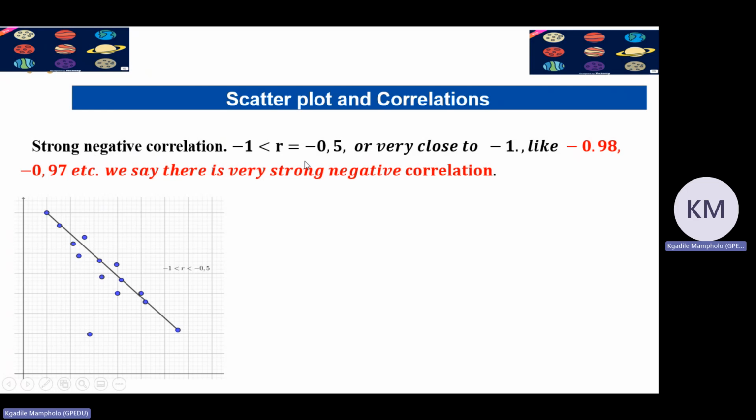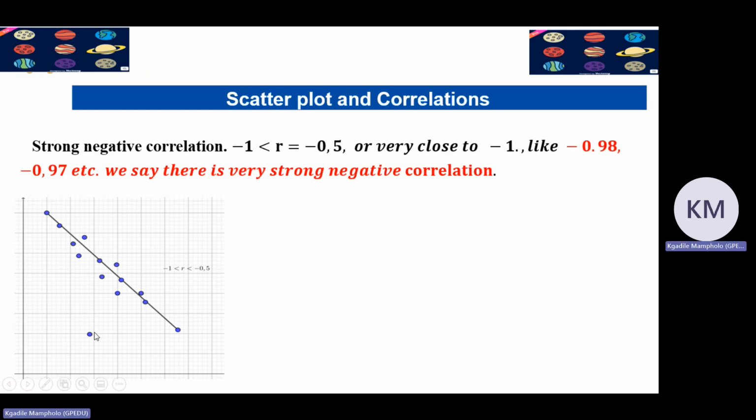So when R is any number very close to -1, like -0.98 or -0.97, we say it is very strong negative correlation, but if it's any number between -1 and -0.5, then we'll say there is strong negative correlation.